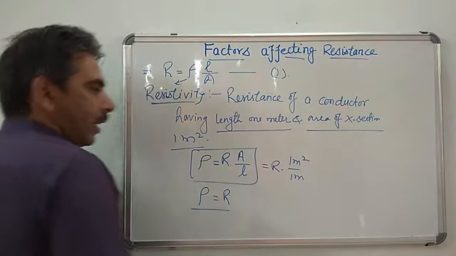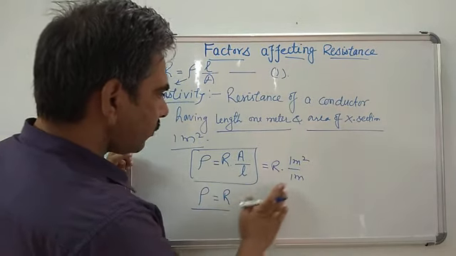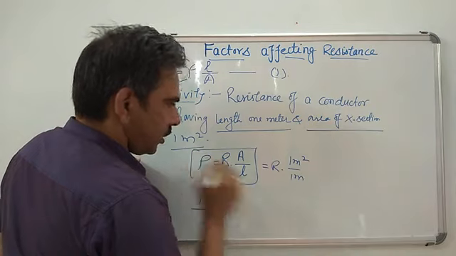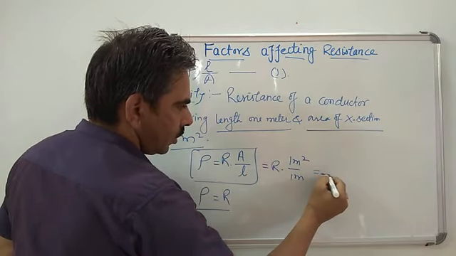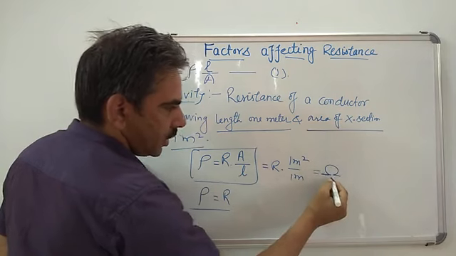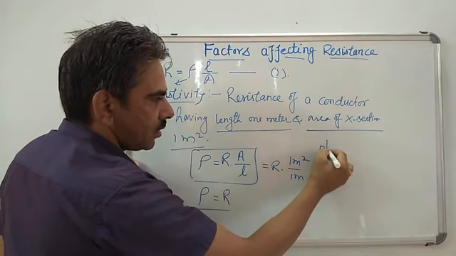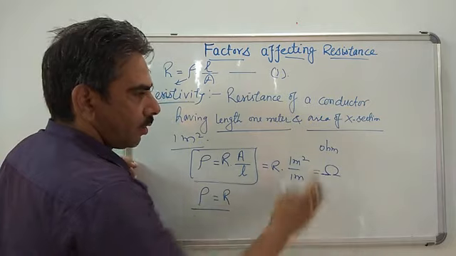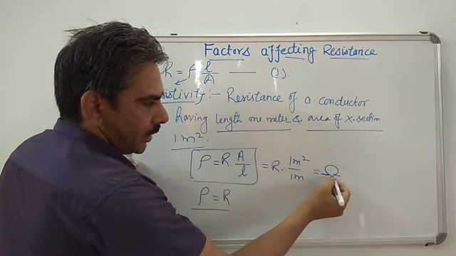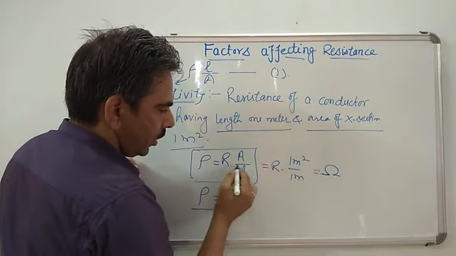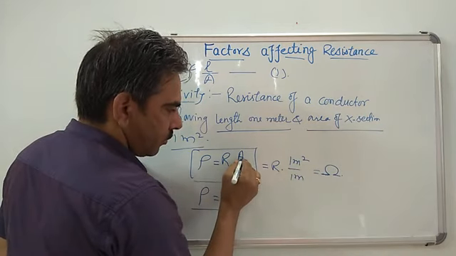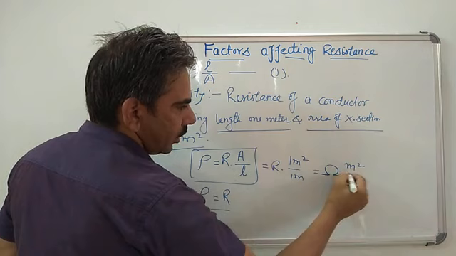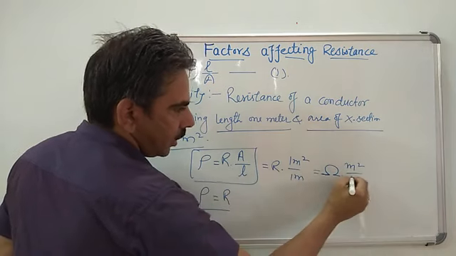And what are the units for the resistivity? The units of resistance are ohm. Symbolically it is written with the omega symbol, or we write it as ohm. So it is ohm into A, where the units for A are meter square in the SI system and the units for L are meter.